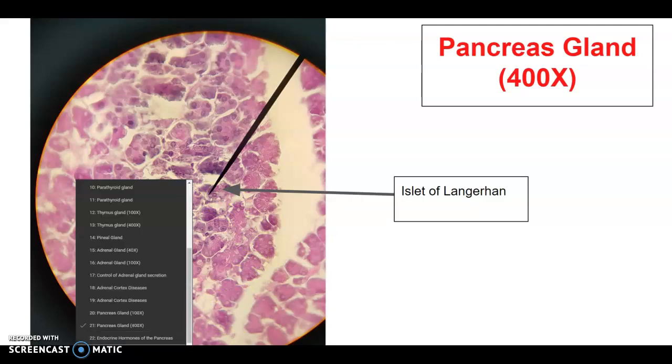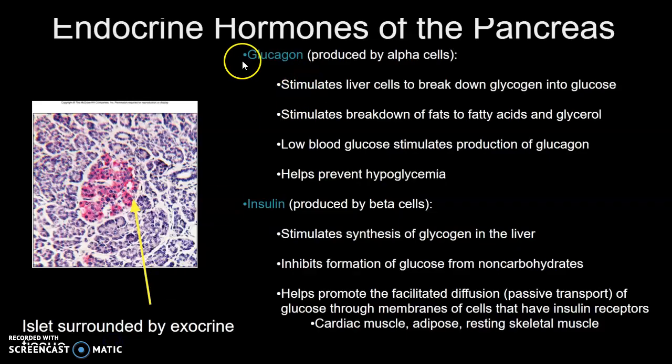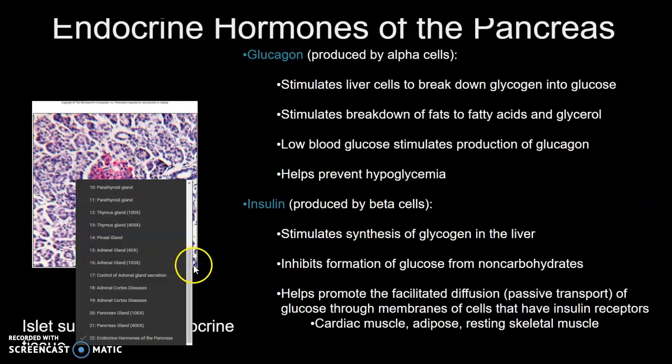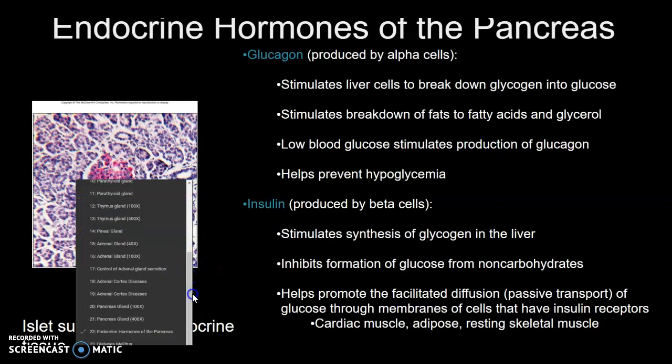You've already studied this. There are three cells: alpha cells, beta cells, and delta cells. You have to know the secretion of each: glucagon, alpha cells; insulin, beta cells; and somatostatin is produced by the delta cells, and their functions. So again, overlap, right? And their functions.